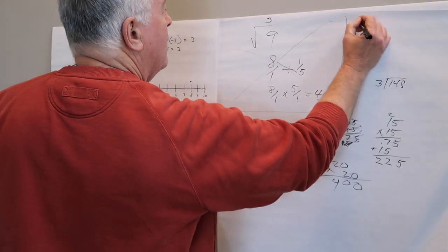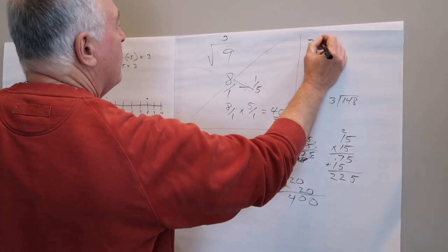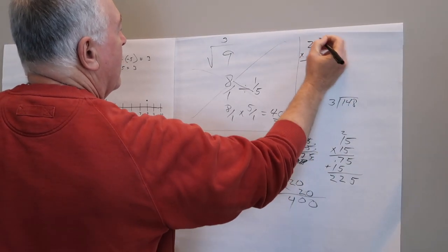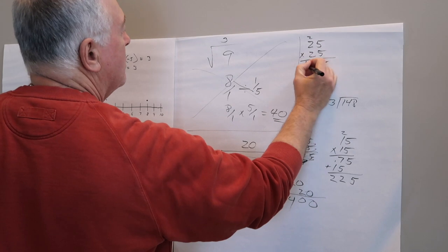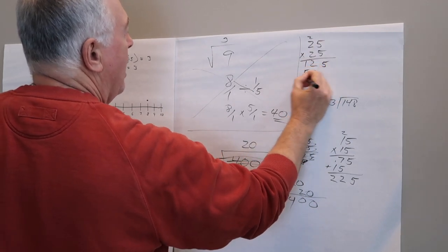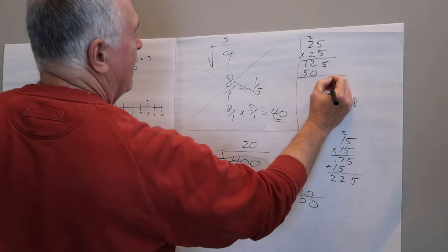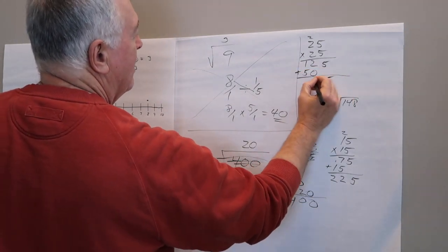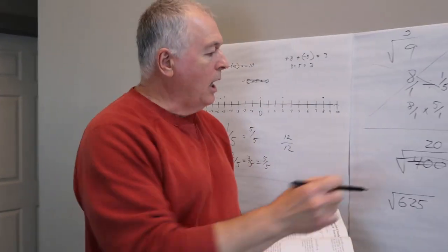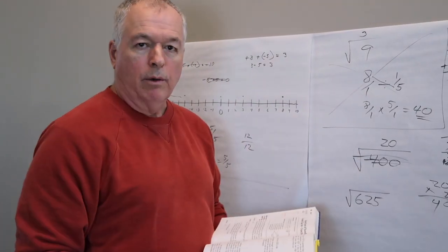I'm going to do it up here, just because I don't want to bend over. 25 times 25. That's 25 there. So 2, done 125. This could be 10, 150. Hey, look at that. Right there it is. So I wouldn't have known that had I not just done the 400 square root.